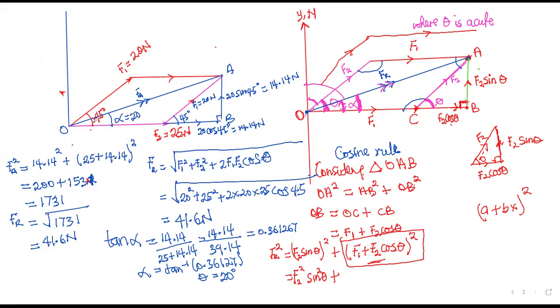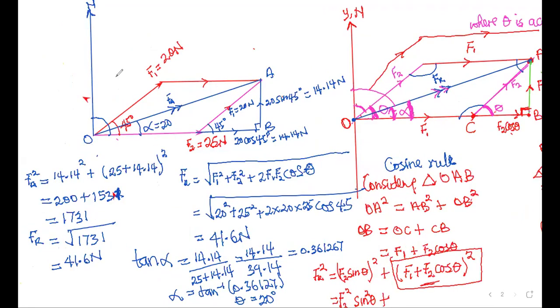Okay, and this whole angle is actually 90. So from the north axis, if I subtract 20 from 90, that is 70 degrees. The angle the resultant makes from the north is 70. So 70 degrees north of east.